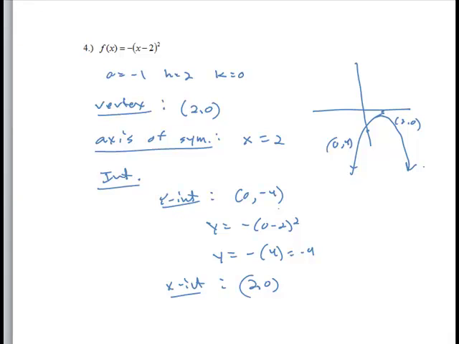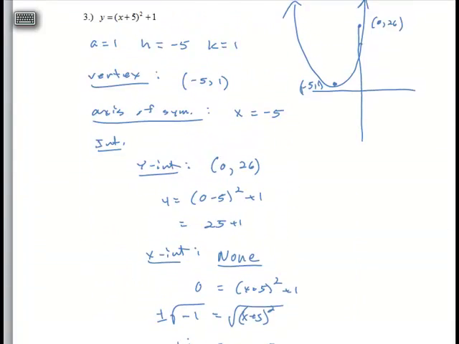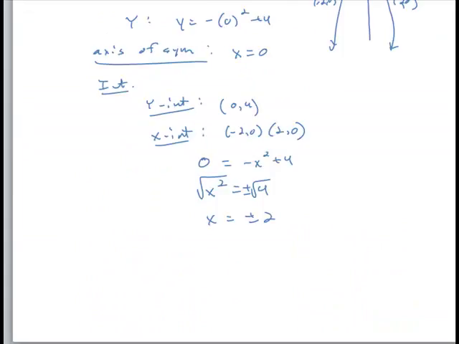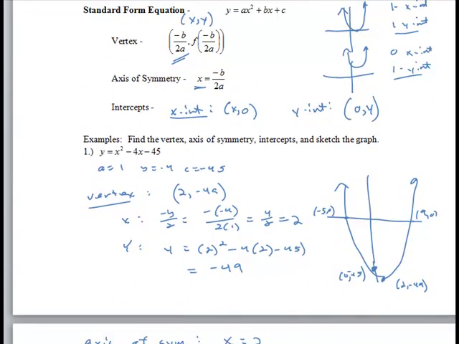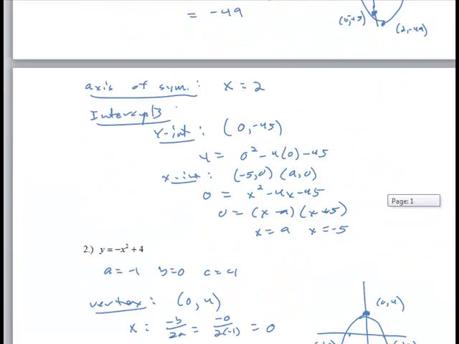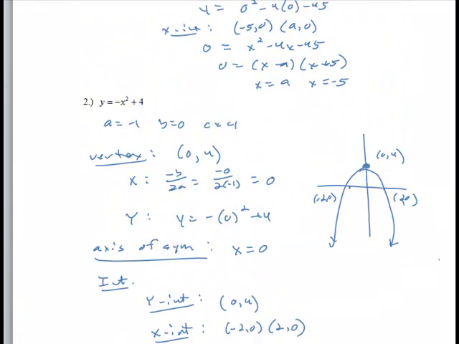Now you may notice something between both these forms of equations, the standard form and this new AHK form. They both have the variable a, which tells us whether the parabola is going to open up or down. If we go back up to the standard form, example 1, a was equal to 1 and the parabola opened up. Example 2, a was negative 1, and it opened down.